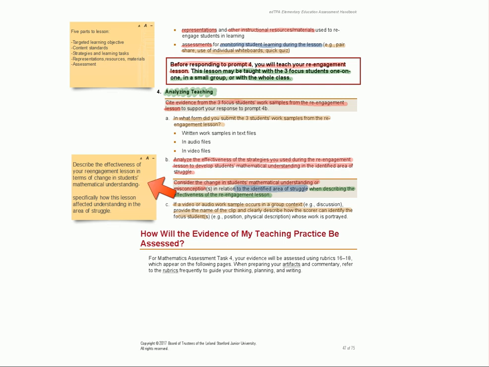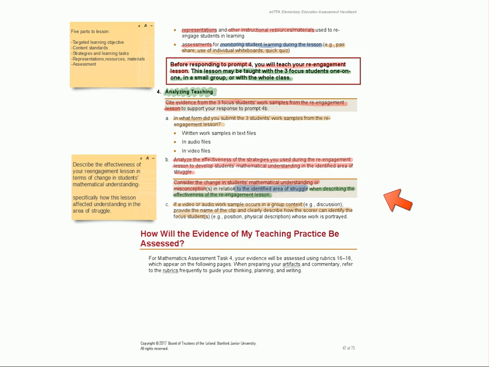That's what an effective lesson should do. And then, of course, whatever change that is that you're describing should be focused on that area of struggle that you identified earlier on in your analysis. All right? So let's go on to the rubrics for this task.